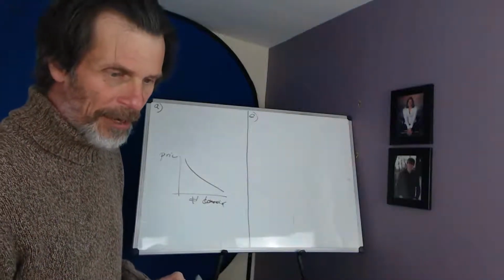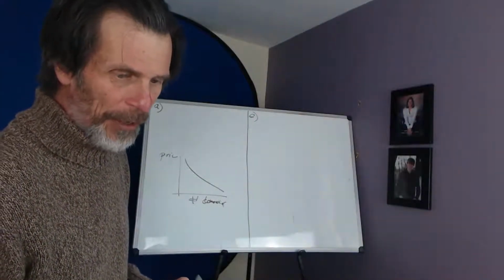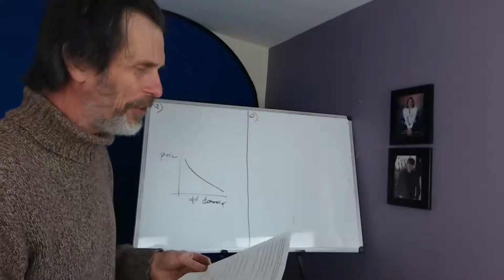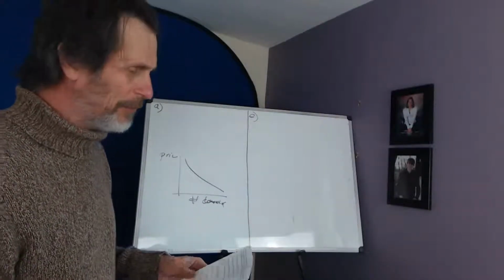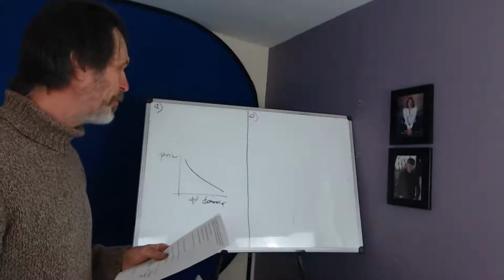So on to part A, on number 2, find the price if the demand is 6,000 computers. How are we going to do that? And what would that number be?